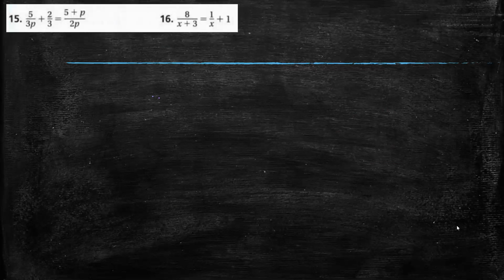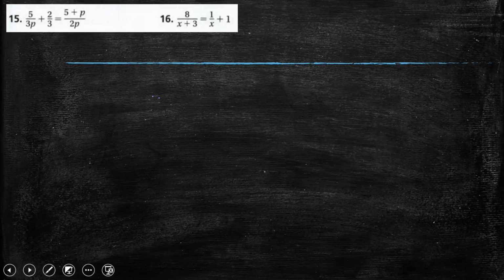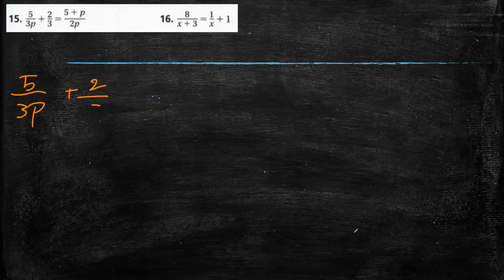Let's now solve these questions here. Number 5: 5 over 3p plus 2 over 3 is 5 plus p over 2p.